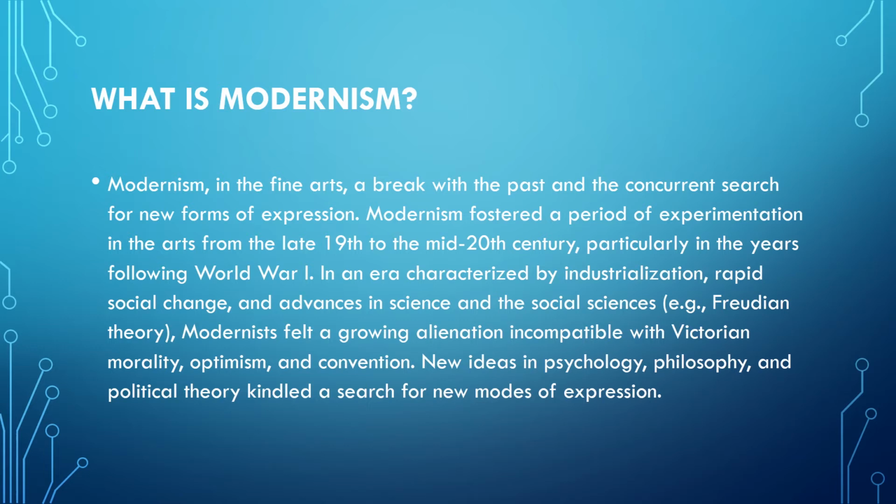We have a clear and radical break from tradition. And according to this definition from Britannica, we find out that this movement started from the late 19th to the mid 20th century.